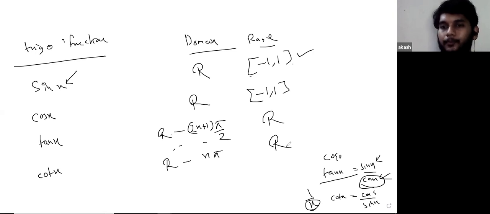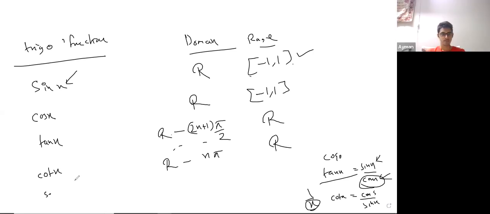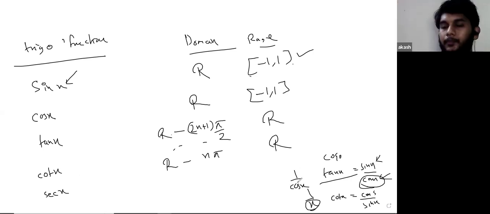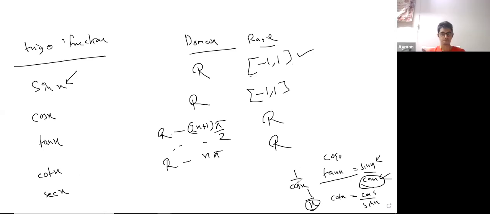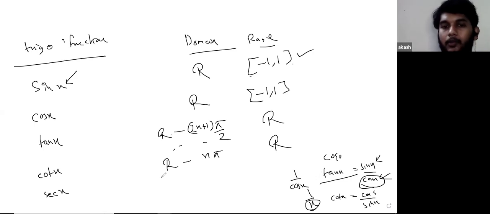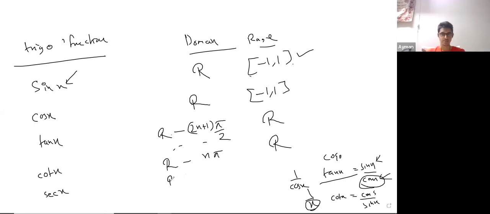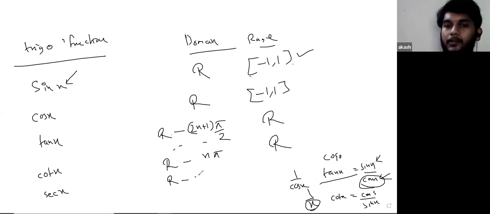This is clear? Now sec x. Sec x is 1 upon cos x. So what do we have to do here? Cos x cannot be 0, and cos x is 0 when it's cos 90. So R minus (2n plus 1) pi by 2.